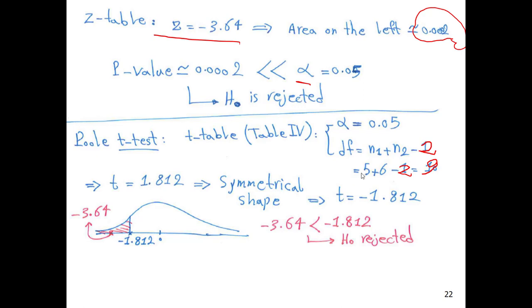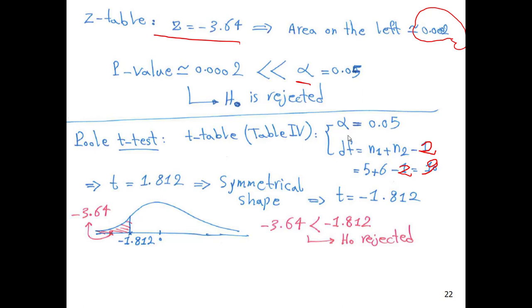So then for the t-test, we go to the t-table. For degree of freedom 9 and alpha 0.05, the area on the left, okay, because it's the left tail, we have to go find this area here. So how do we do it?